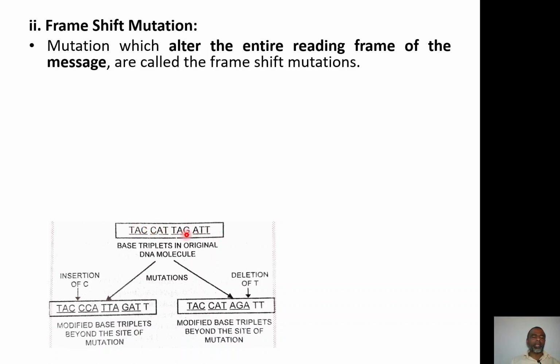This is the reading frame because when messenger RNA will be formed, then it will be complementary to it. Opposite to T you will have the A, opposite to A you will have the uracil, C will have the guanine. Then the messenger RNA will be read by the ribosomes and the amino acids will be added, because each triplet code means an amino acid.